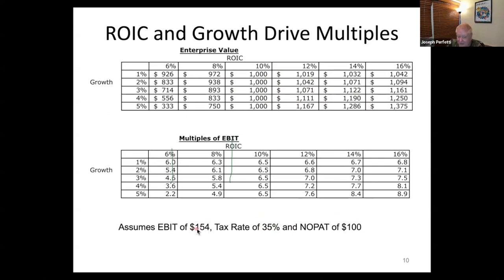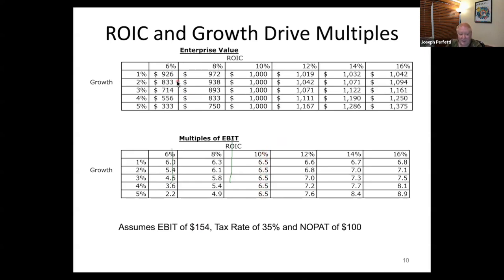So here's how an enterprise value to EBIT multiple would work. If I took 1,000, the billion, divided by 154 million, that would be a 6.5 multiple of EBIT. So basically a zero spread is 6.5 times EBIT in this industry.